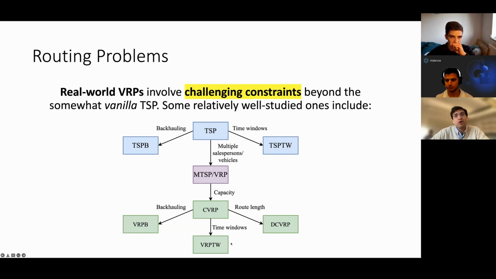Or you could think about adding some kind of capacity to each of your vehicles or your salesmen. So the point is that TSP is probably the simplest problem, and these things can get quite hairy as we move to the real world.